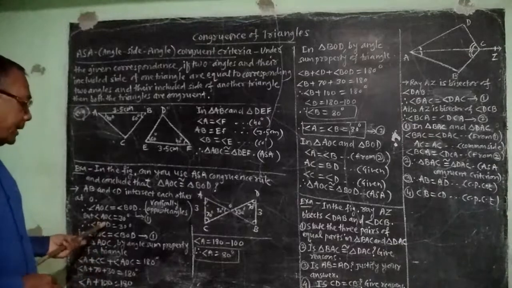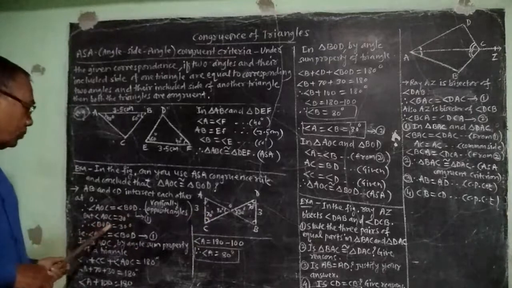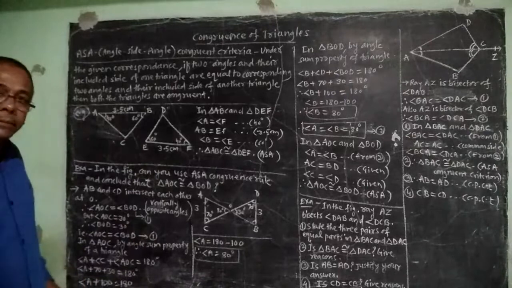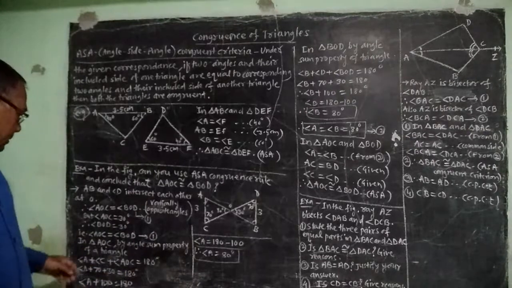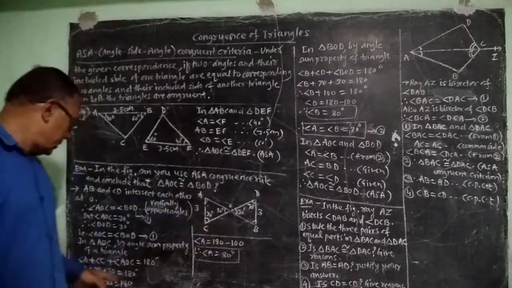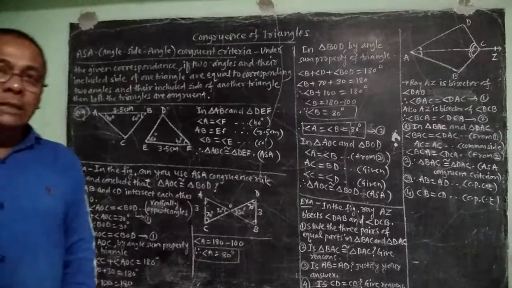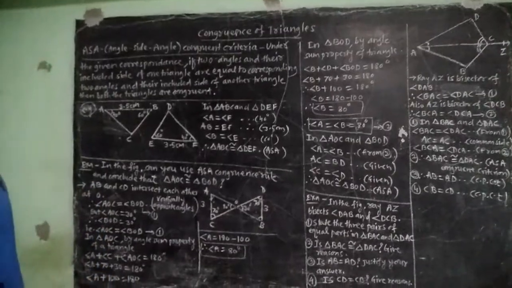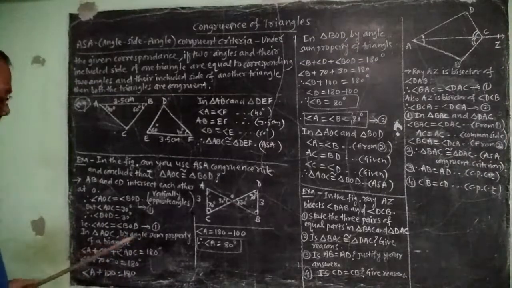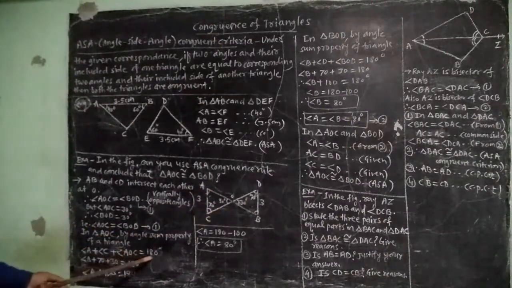But we know that angle AOC is 30 degrees, and therefore angle BOD is also 30 degrees. Now we have to consider triangle AOC. In triangle AOC, by the angle sum property of a triangle, angle A plus angle C plus angle AOC is equal to 180 degrees.